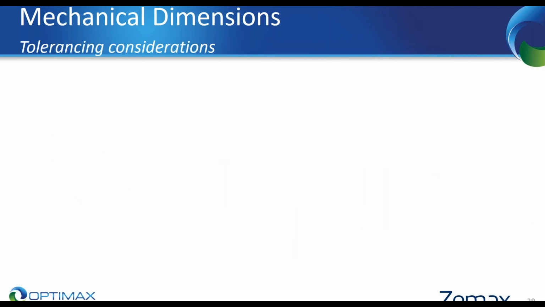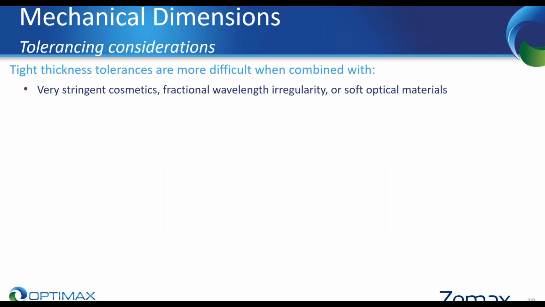The next step in going through our table here is looking at lens mechanical dimensions. When I talk about these, it's specifically diameter, center thickness, which I refer to as CT, your overall height, and your sag.